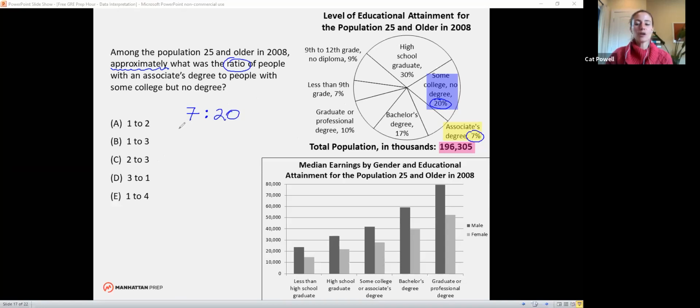How do I now go from this to an answer? How did people do that? We've pulled the right information off our graph. Yeah, this is similar to what we saw in the last one. I see 20 is pretty close to 21. And I know that I can divide both 7 and 21 by 7.